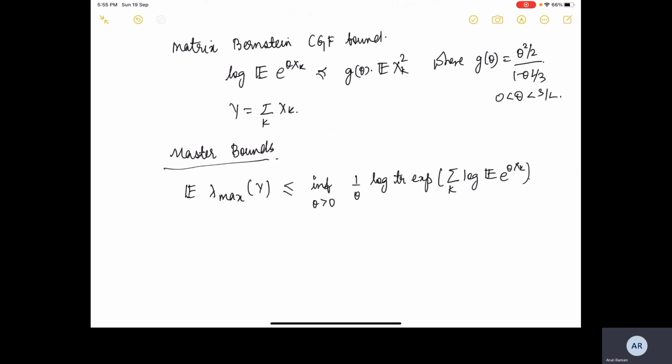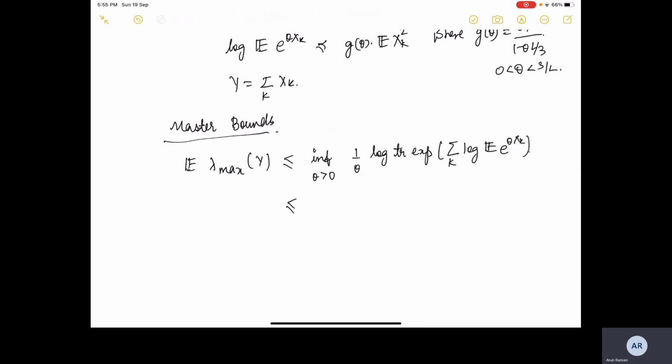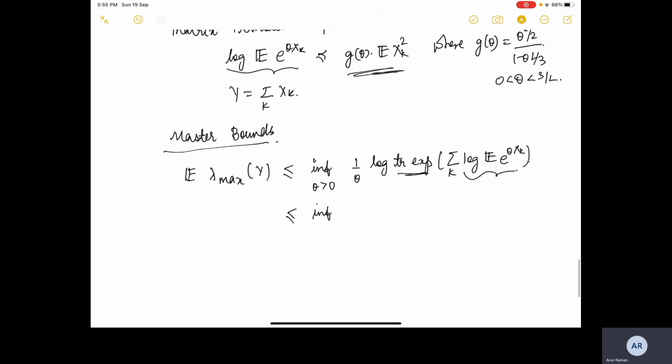Then the second step is conceptually the same step that we did for the matrix Chernoff bound as well. We use the monotonicity of the trace exponential, and we replace this log expected exponential theta Xk by g theta expected value of Xk square. When we do that, we have a constraint on the theta value, and we have to respect that constraint.